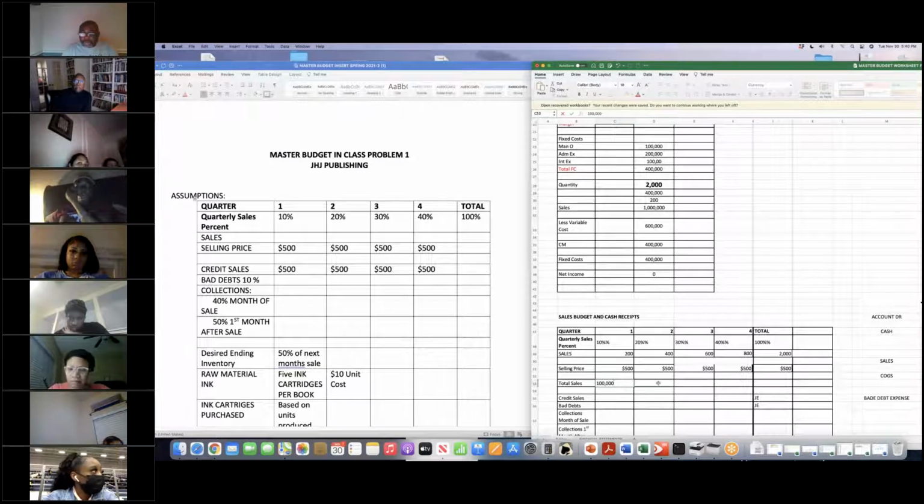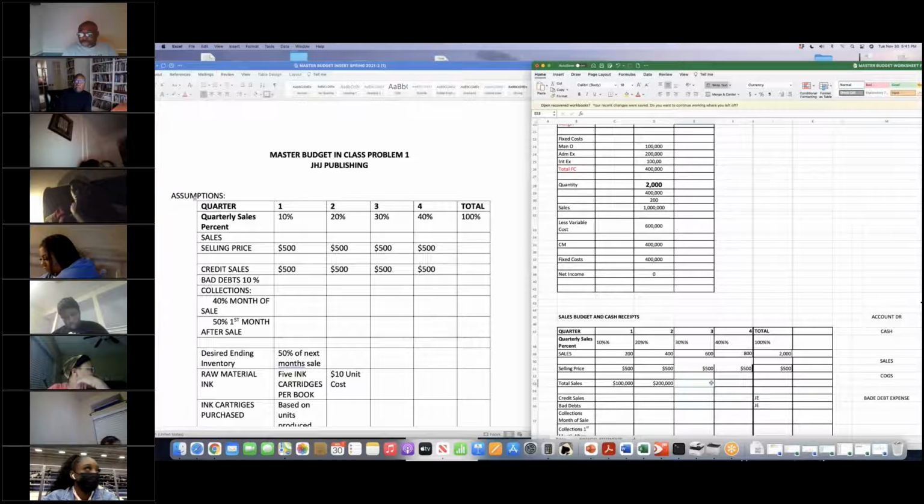What are the sales going to be in quarter two? 200,000. What are the sales going to be in quarter three? 300,000. And what are the sales going to be in quarter four? 400,000.